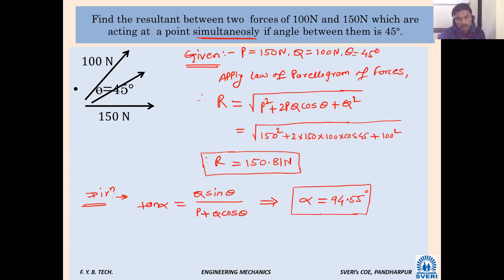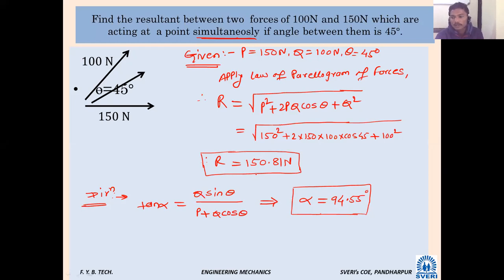Is it correct? Any other? Just check. Is it correct, Sakshi? Yes, sir, calculating. Just check. Someone also check R.